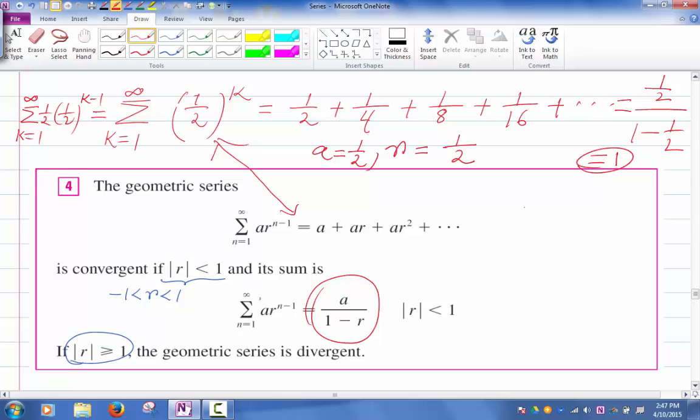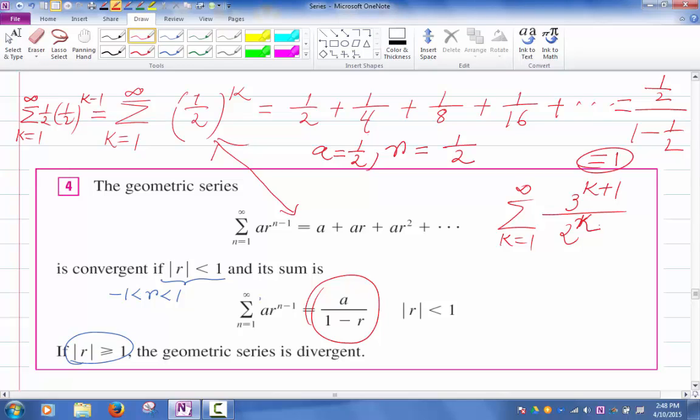Okay, let's do another example. Let's say I have the summation k going from 1 to infinity of 3 to the k plus 1 divided by 2 to the k.